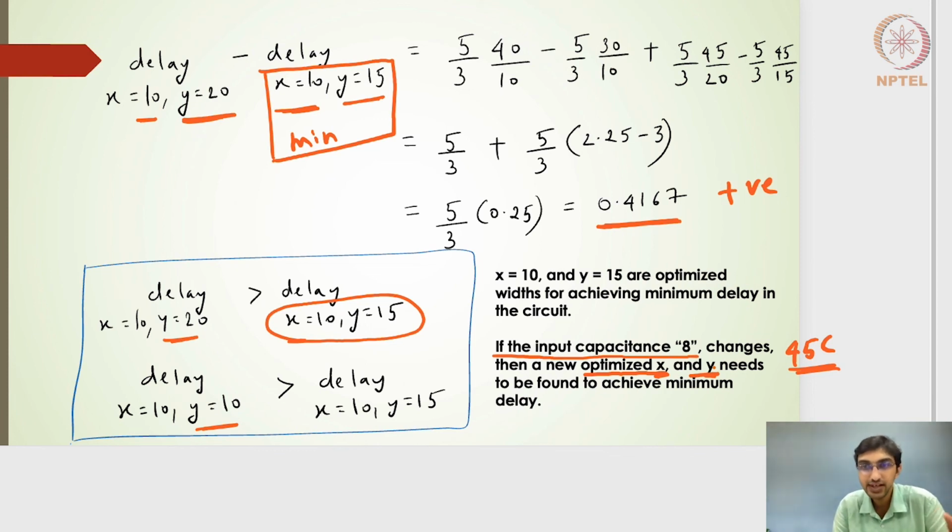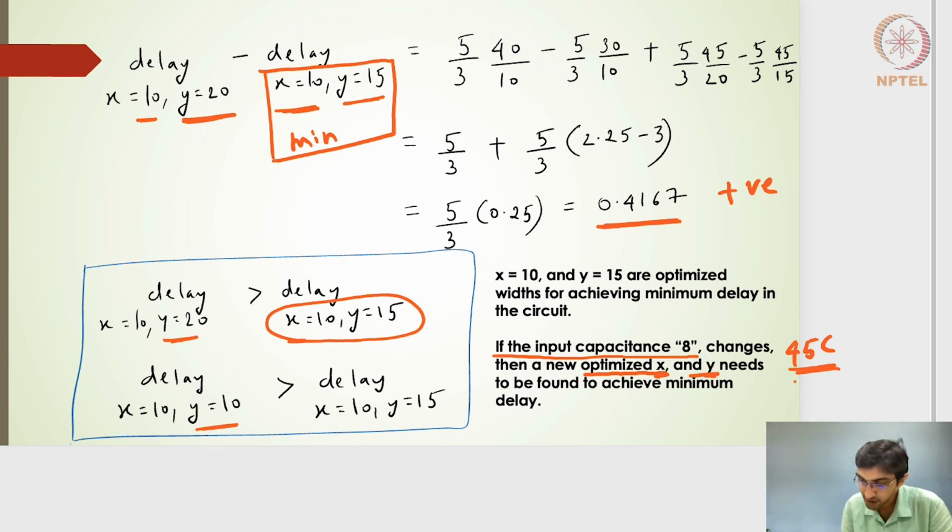So if I have the 8 value change, the input gate size, the input to the 2-input NAND gate, which is now having a gate size of 8, if it is changed to some other value, and then the load capacitance of 45C is going to be different now, then my x and y value, which was set as 10 and 15, has to be different to give us the new minimum delay.